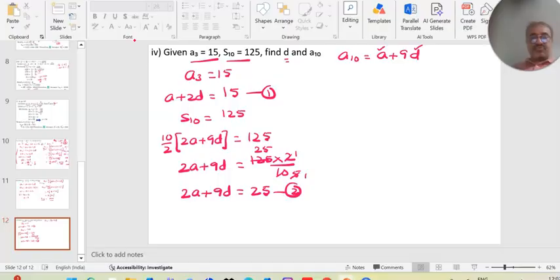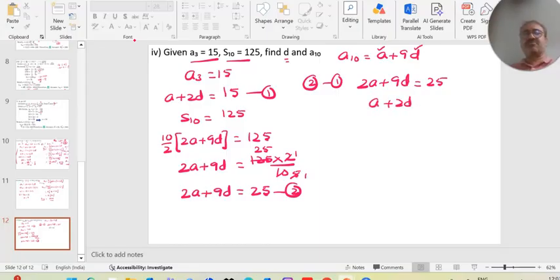This is equation 2. By solving 1 and 2, let's subtract equation 1 from equation 2. 2a plus 9d is equal to 25, whereas the first one is a plus 2d is equal to 15. This is 2, this is 1.